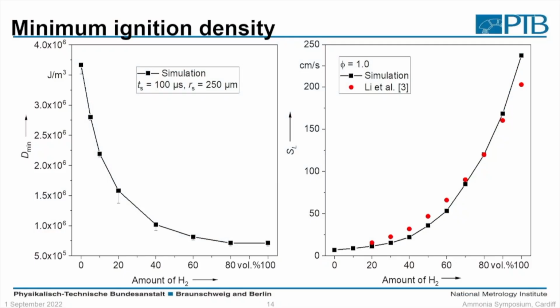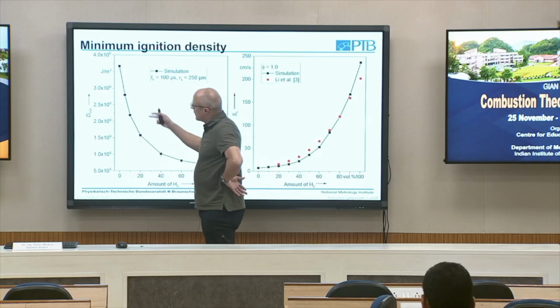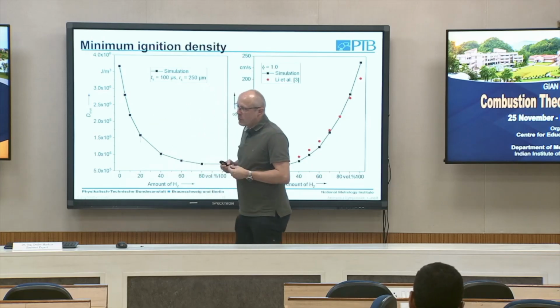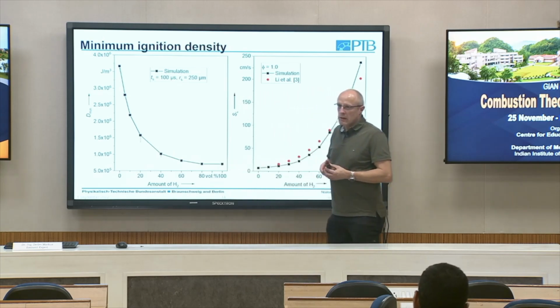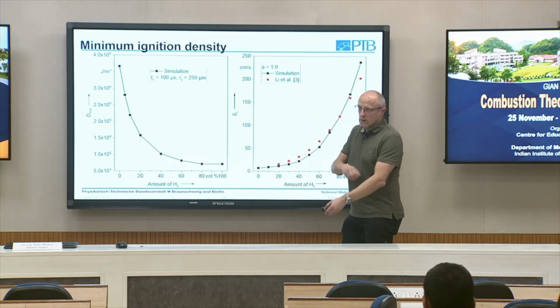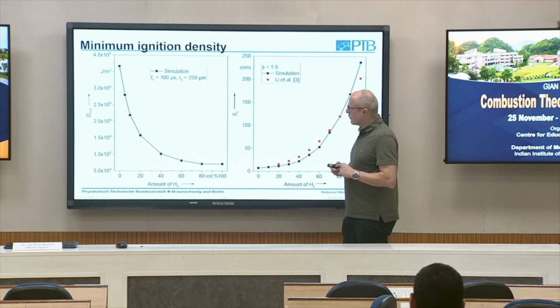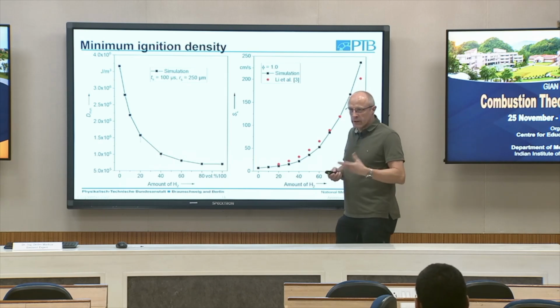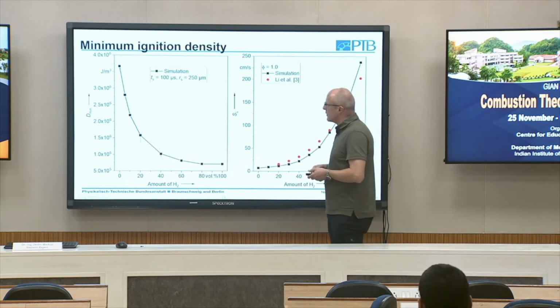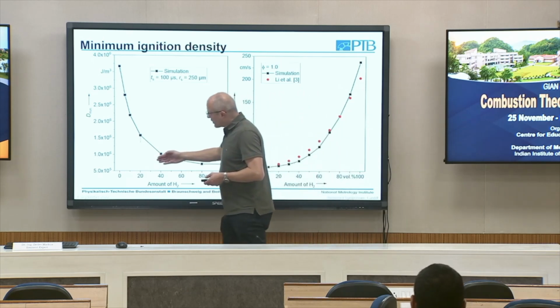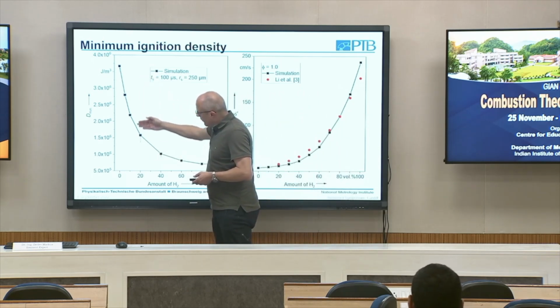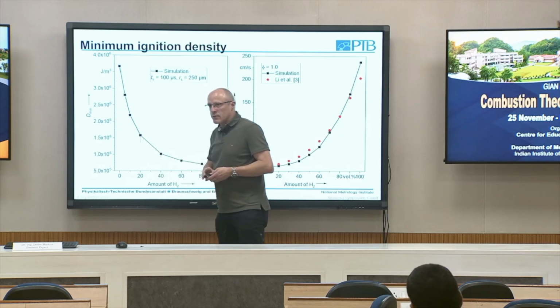This is very helpful if you consider enhancing combustion processes of ammonia, for example, in combustion engines. We have to add some hydrogen to enhance the combustion process. But you see, unfortunately, the ignition process is very sensitive.